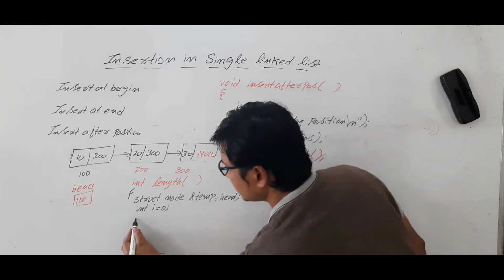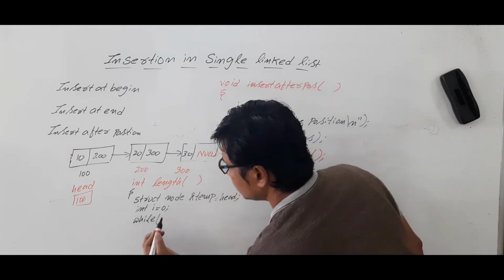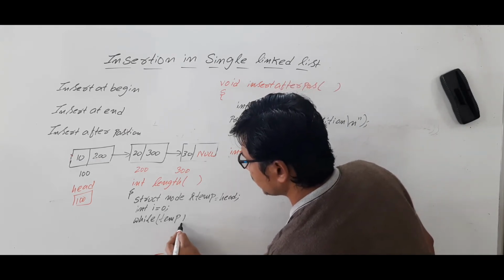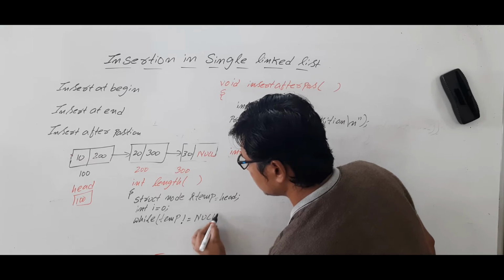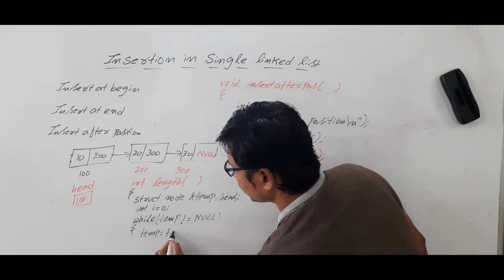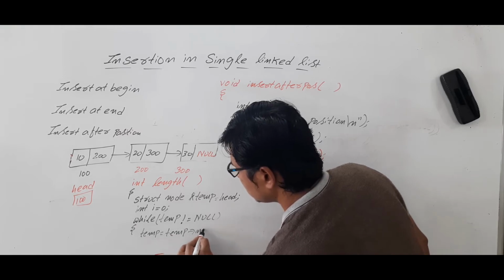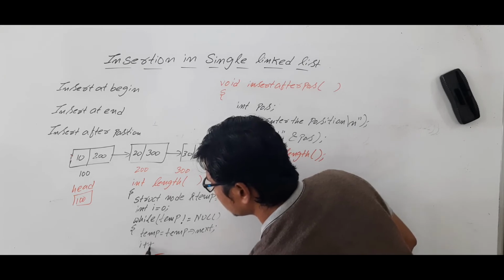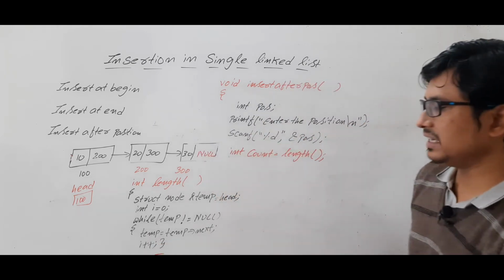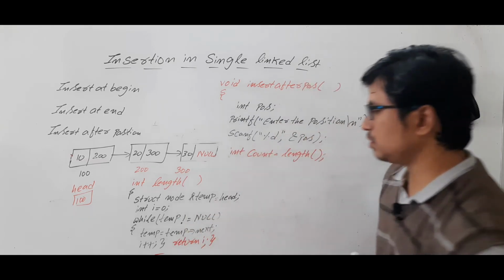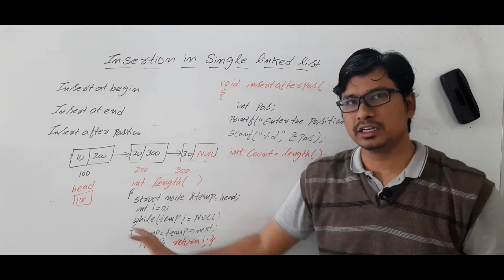While temp not equal to null, then you have to write temp is equal to temp of next. Then you need to write i plus plus. You have closed the while, then you have to return the i value. Is it clear? You are closing the function also. I hope it is clearly visible for you.